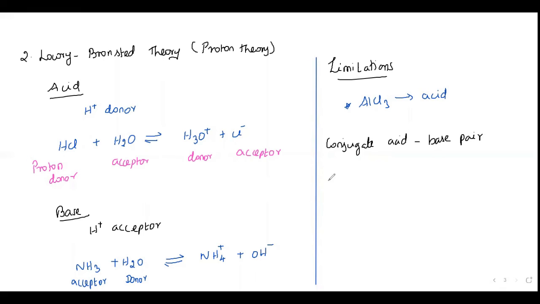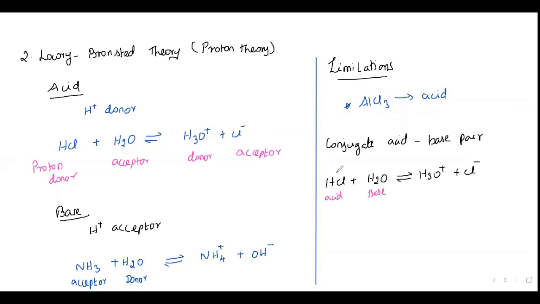From HCl plus H2O, it gives H3O plus and Cl minus. In this reaction, HCl is the acid, H2O is the base. Okay, this is acid, this is base.